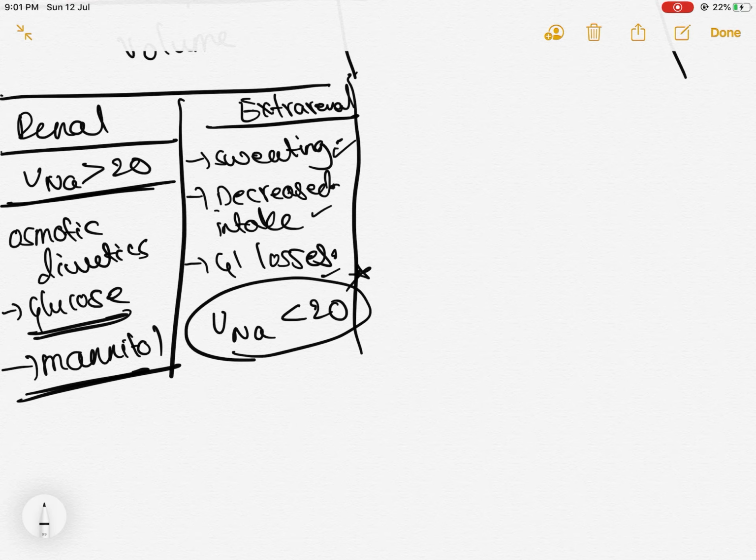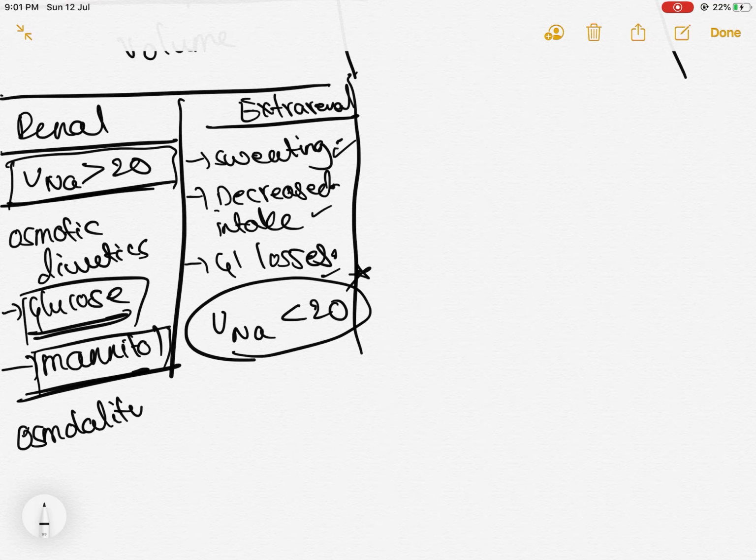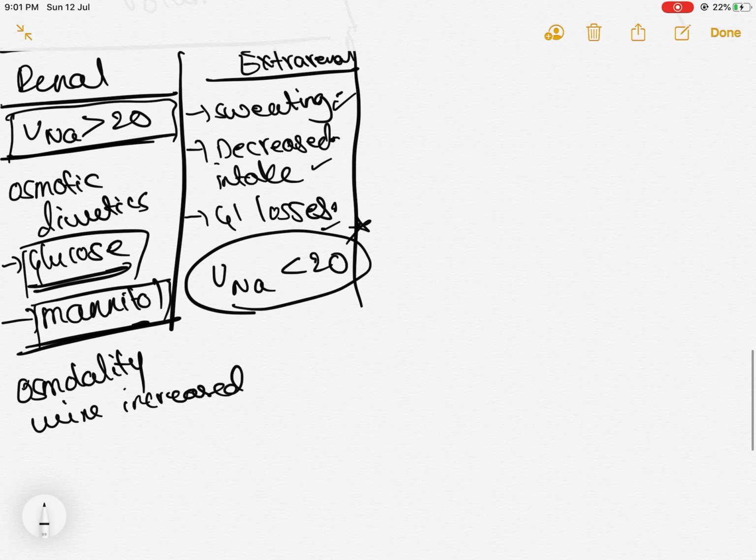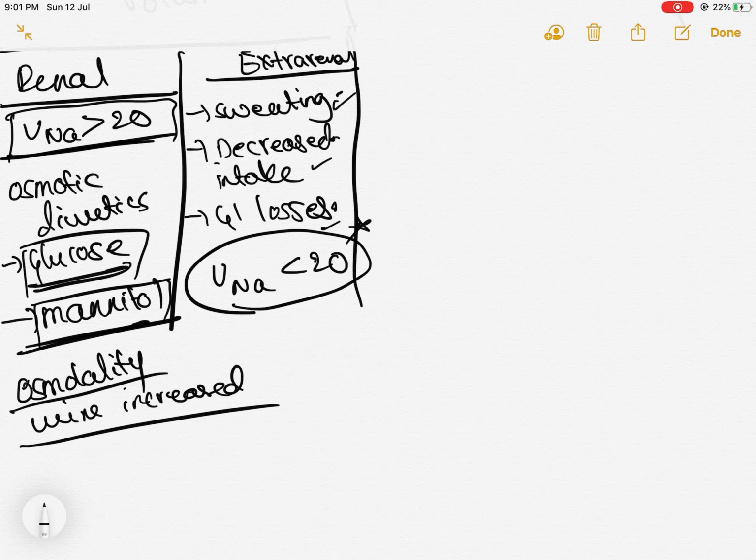So apart from urinary sodium which is more than 20, another feature is that because this glucose as well as mannitol are solutes, the osmolality of the urine increases. So the feature of hypovolemic hypernatremia due to renal cause is urinary sodium more than 20 with increased urine osmolality.